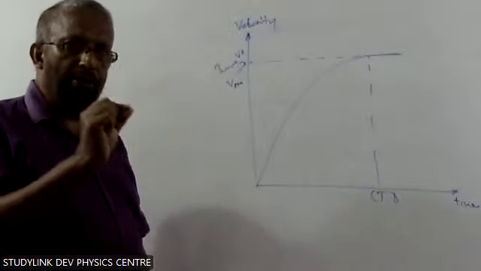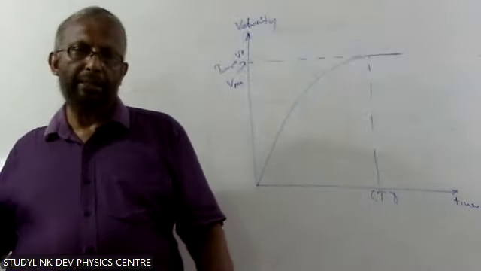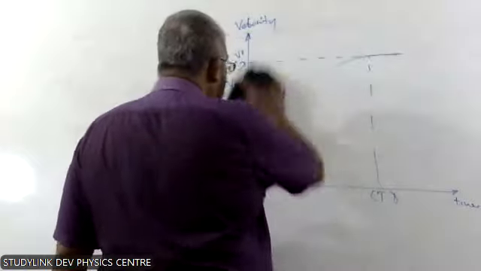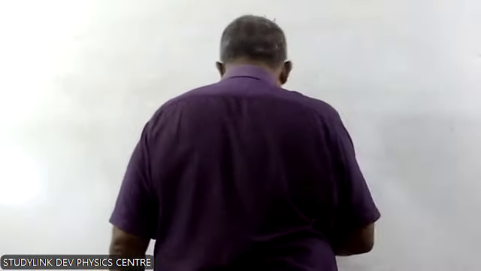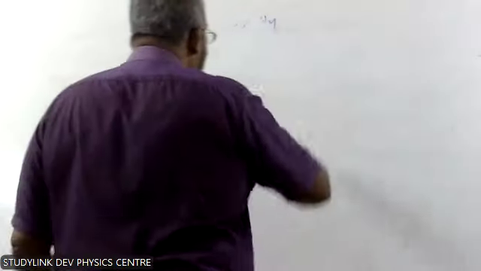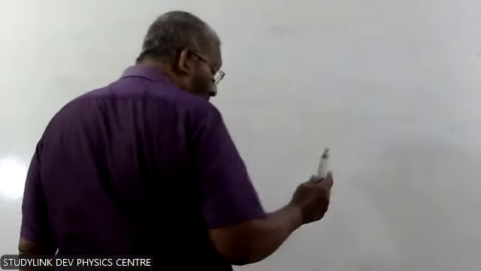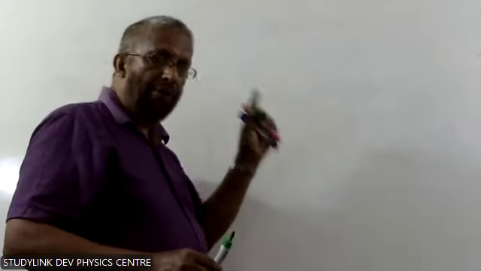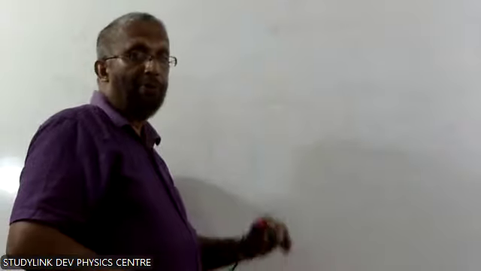But I want to explain further. In some questions, we consider an air bubble coming vertically up from a tank or a river. Normally here, remember, the liquid must always be stationary, at rest, not flowing.